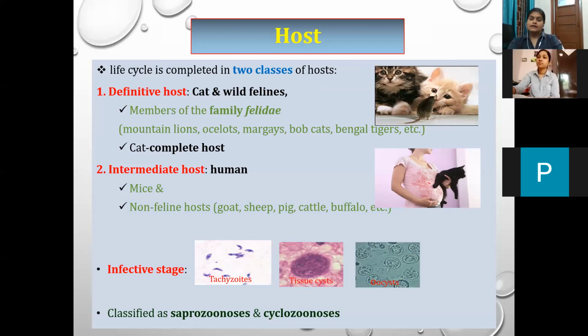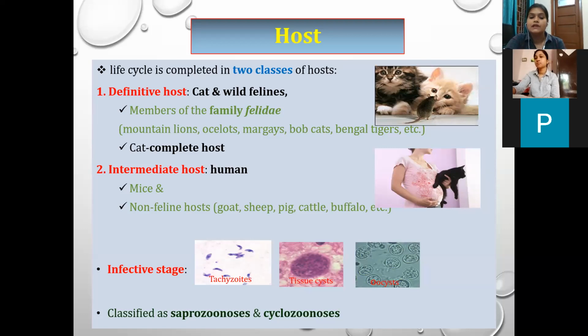Humans also act as an intermediate host, but are not required for completion of the life cycle. Accidentally they may be involved by getting the infective stage. The cat itself is sufficient for the completion of the life cycle of this parasite, so the cat is the complete host.